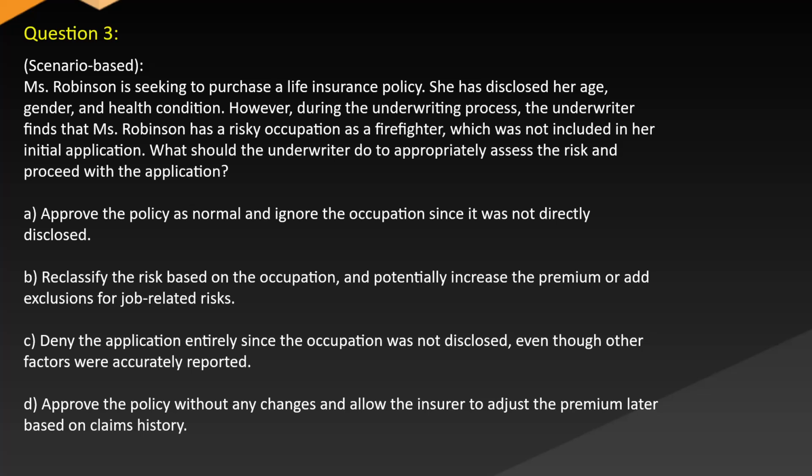A. Approve the policy as normal and ignore the occupation since it was not directly disclosed. B. Reclassify the risk based on the occupation and potentially increase the premium or add exclusions for job-related risks. C. Deny the application entirely since the occupation was not disclosed even though other factors were accurately reported. D. Approve the policy without any changes and allow the insurer to adjust the premium later on claims history.